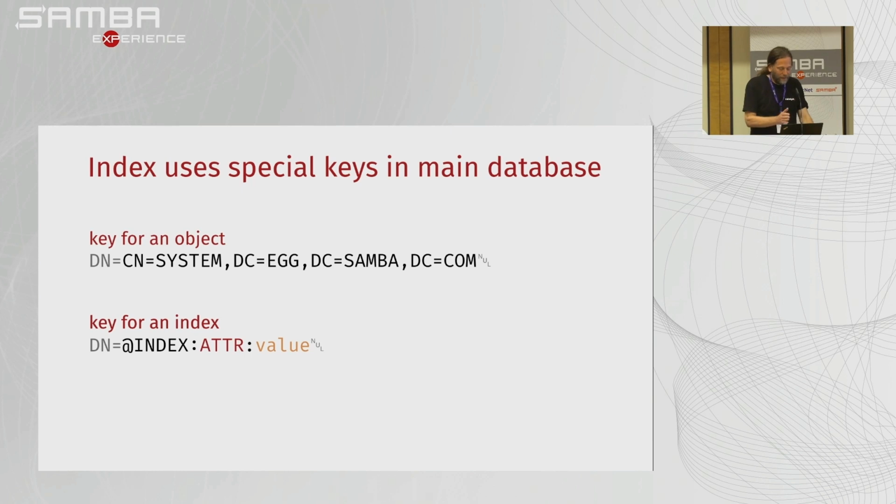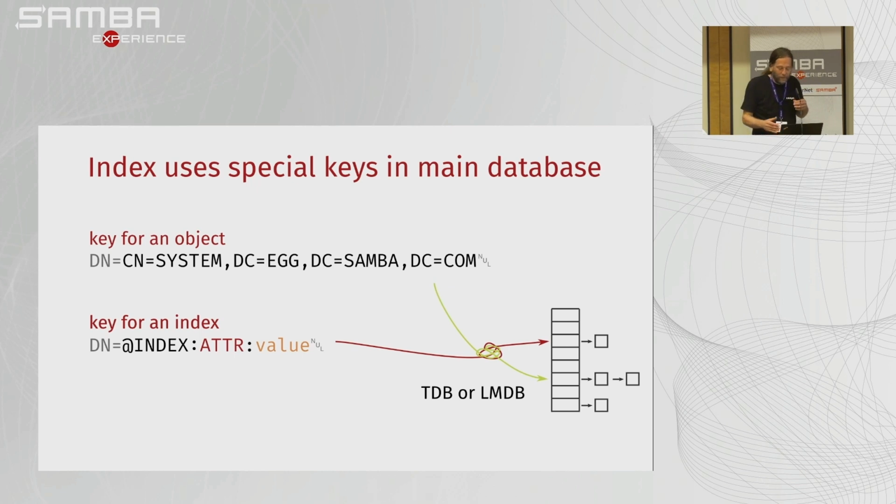And so it can construct that special DN from your search, and then it looks for that in the database. If it's not there, then it returns no such object. If it is there, it fetches it, and I'll get to what the format is. Well, basically it's an LDB message, which is a little list or array.